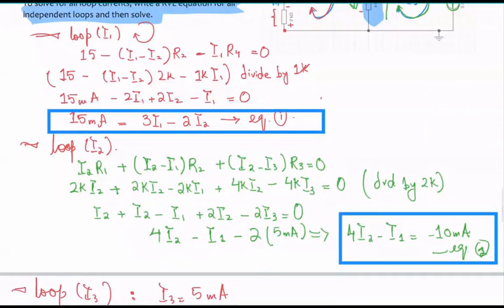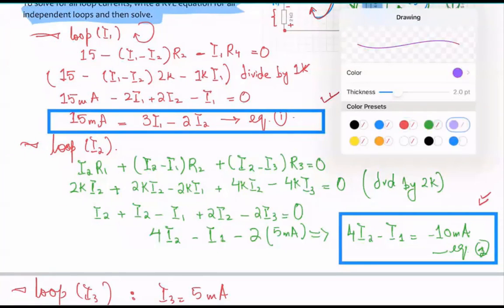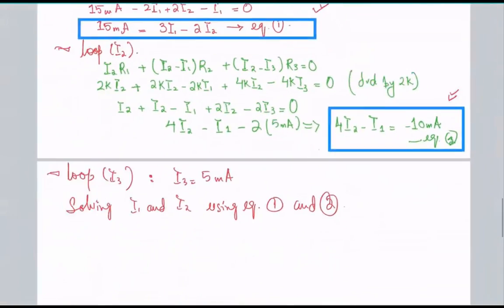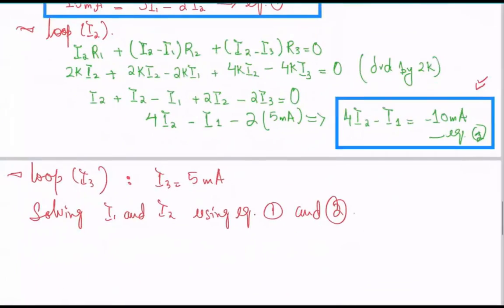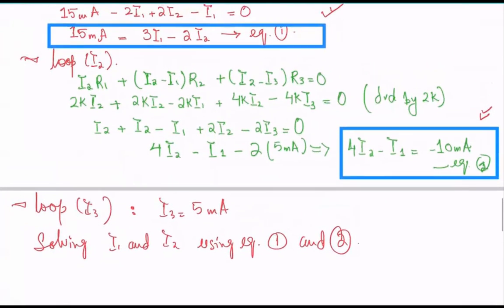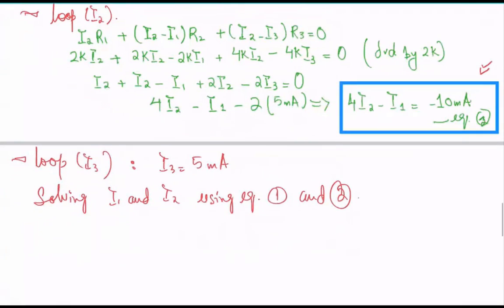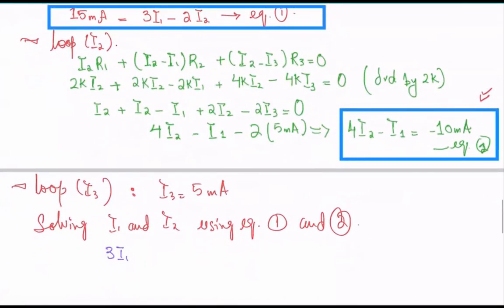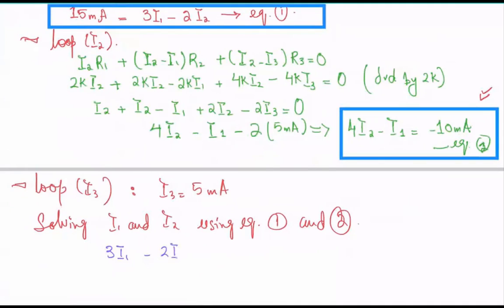I have my equation 1 over here. I have my equation 2 over here. Okay, so I'm going to rewrite these equations. So 3I1 minus 2I2 equals 15 milliamp.